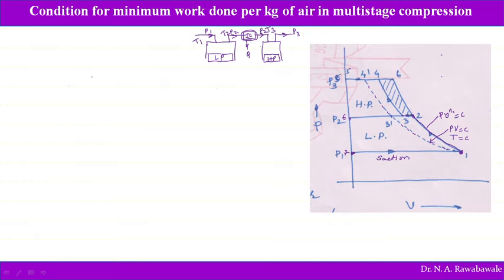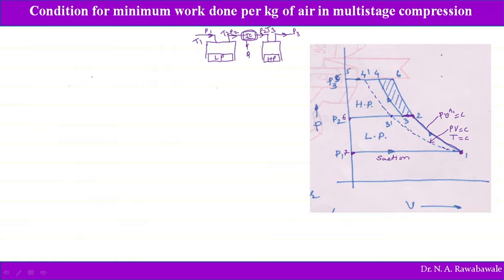If we succeed in reducing the temperature from T2 to T3 dash, then we call this perfect intercooling. But it is not possible for us to have perfect cooling practically. So this air is cooled up to temperature T3.